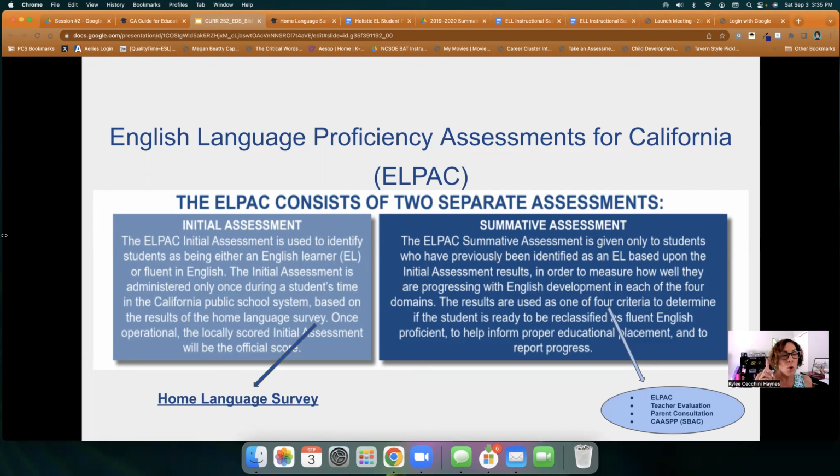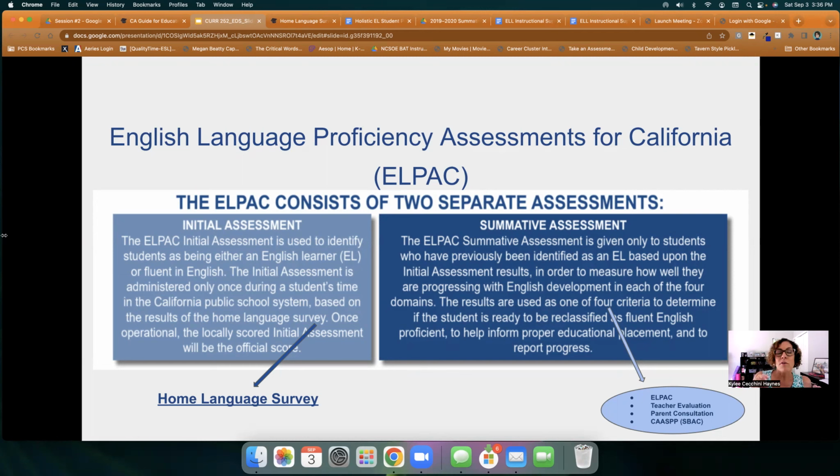It's administered only 1 time during a student's time in California schools. And from that, it's clear either that the student does not need English learner services. If they are bilingual and at grade level with their English language proficiency, they are exited immediately.